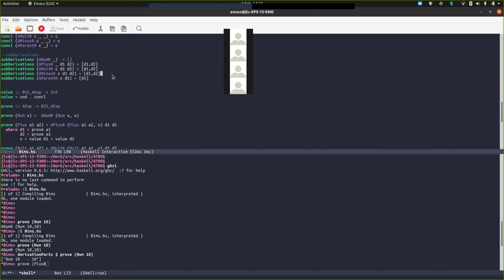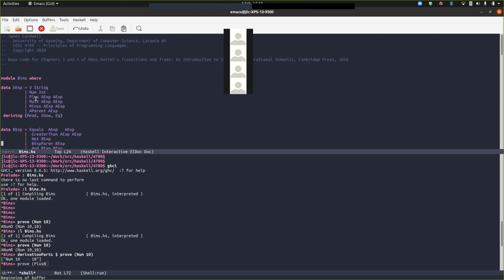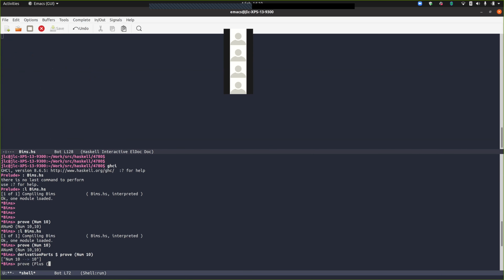What's this constructor? It's just plus num2, and then I think it's mult num7.